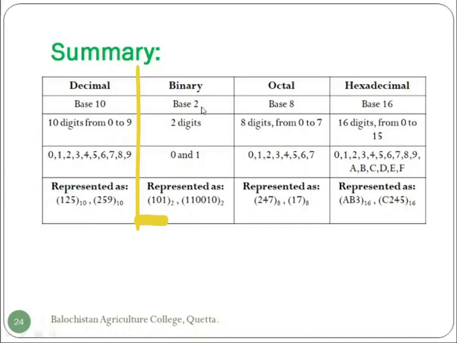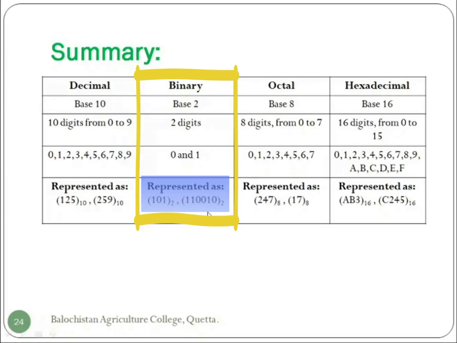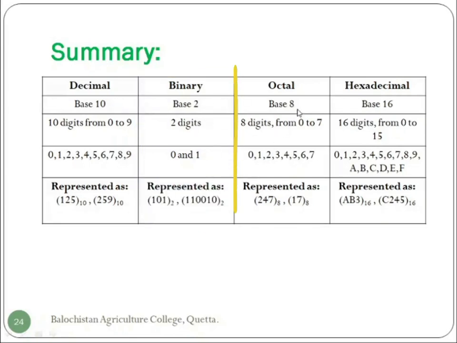On the other hand, binary is base 2 because it uses 2 digits 0 and 1, and in this way we can represent a binary number. Octal number is base 8 because it uses 8 digits from 0 to 7, and these are 0, 1, 2, 3, 4, 5, 6 and 7, and in this way we can represent an octal number.